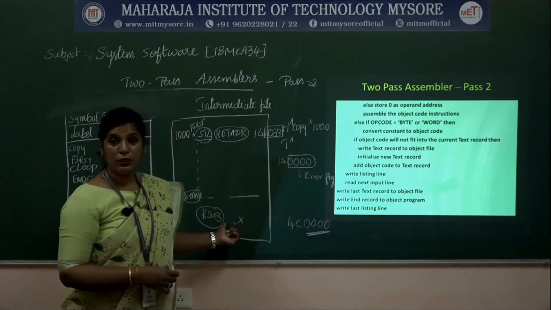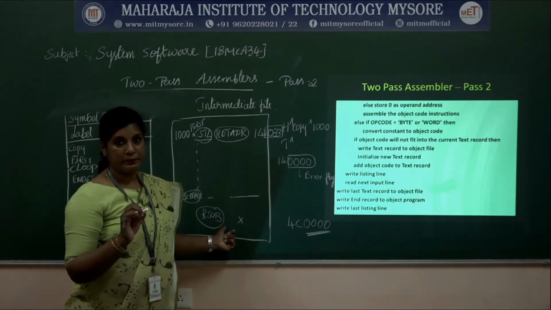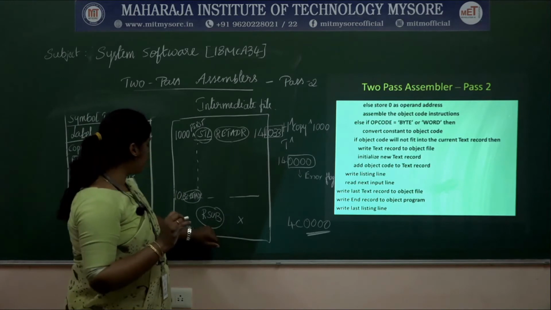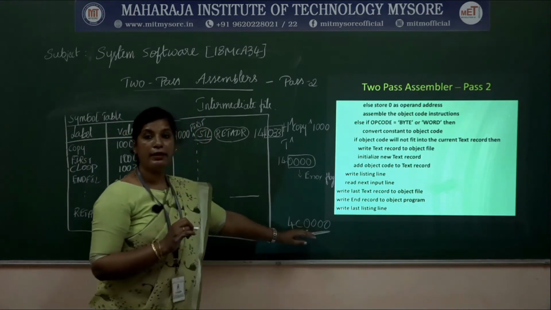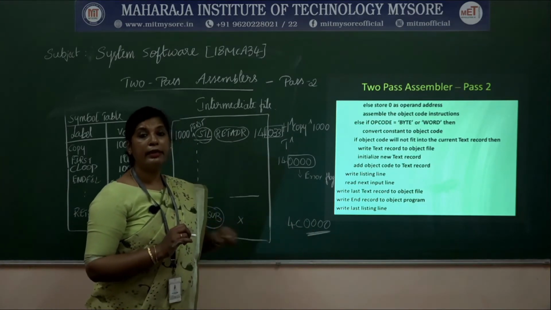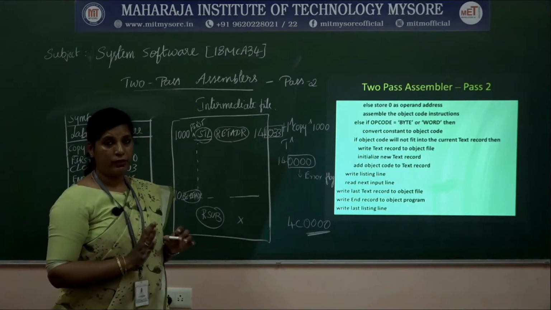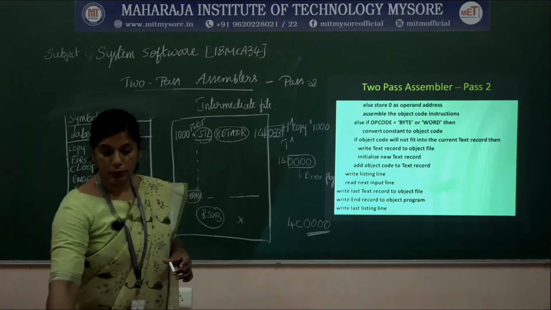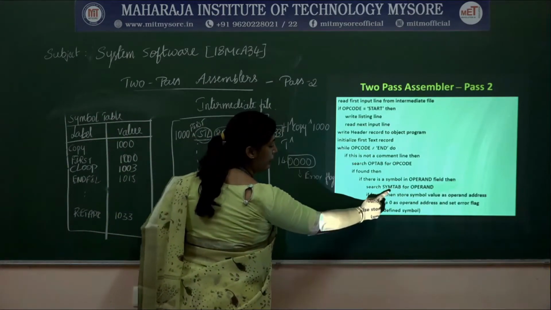Otherwise, some instructions have only the mnemonic field and no operand field. For such instructions it also sets the value as 0, and it does not raise any kind of error. So there are three possibilities. If there is a symbol in the operand field, it searches the symbol table for that operand.